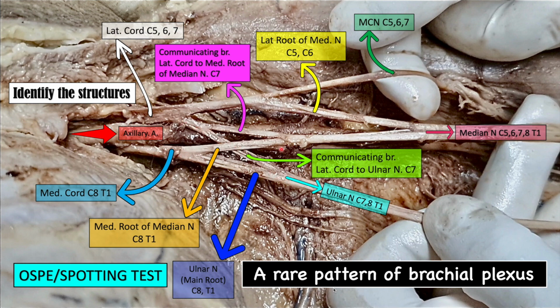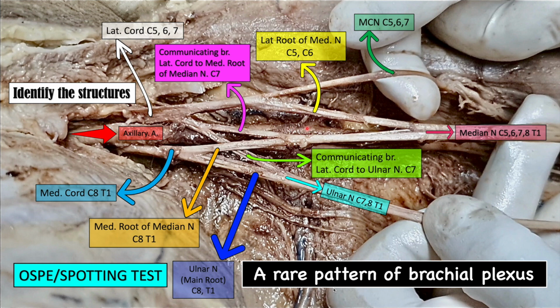That's how the ulnar nerve is formed, and this medial root of the median nerve is actually the same as the ulnar nerve up till here. It's getting C8, T1 from the medial root and C7 from the lateral cord. So this is like the ulnar nerve joining C5, C6, the lateral root of the median nerve, and that you find is the median nerve.